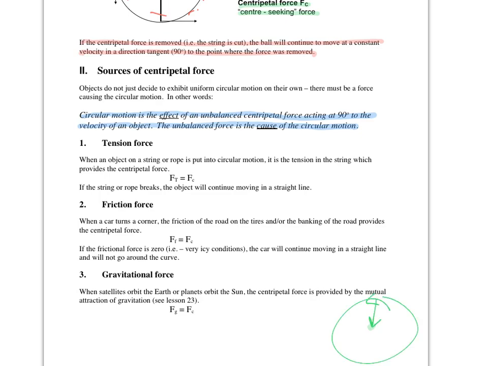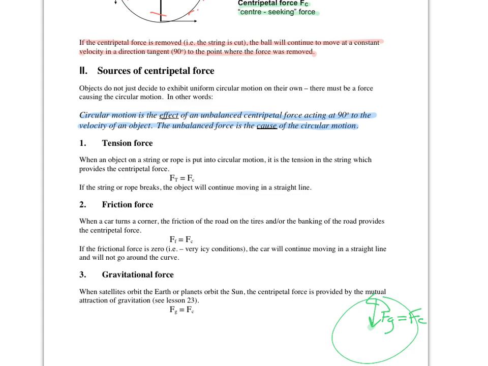Earth's gravity is pulling them inward. Earth's gravity is the centripetal force in this case. I like to think of gravity when I'm trying to remember that centripetal force is always pulling inwards. So gravity is the nicest example that we're very clear on.